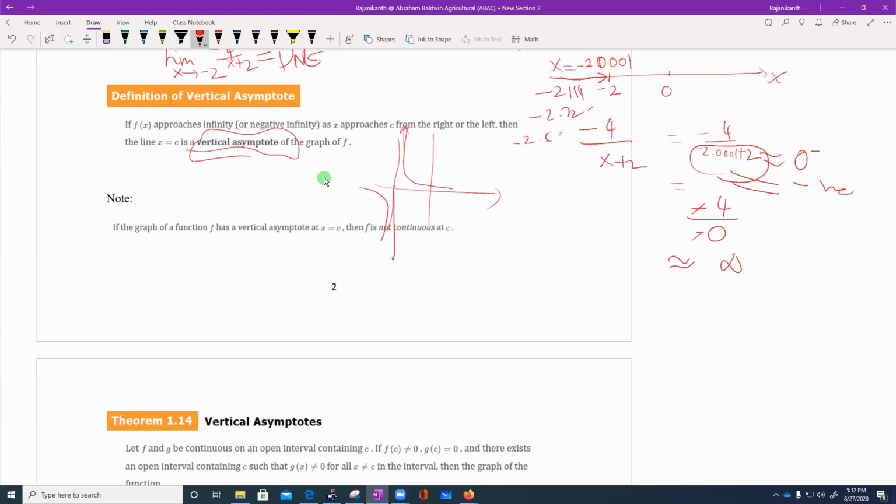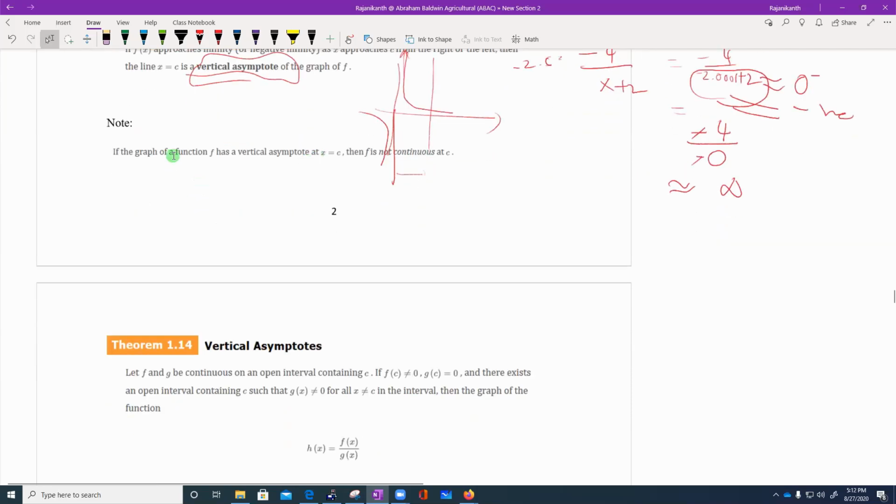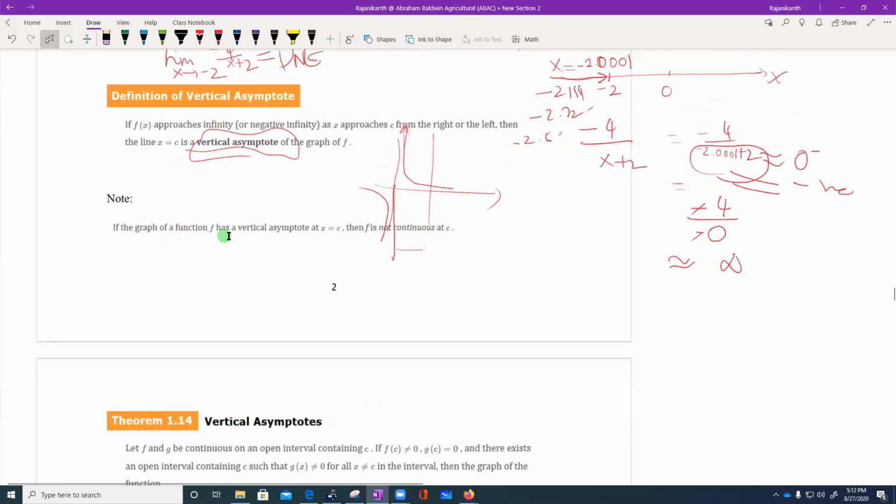If you have such a vertical line, that is called a vertical asymptote. How do you find the vertical asymptotes for a given function? Simply find the points where the function goes to infinity, maybe positive or maybe negative. Okay. So if the graph of the function has a vertical asymptote at the given point c, then that function should not be continuous there, because the function cannot meet at that point.